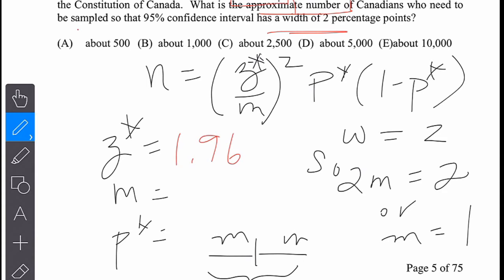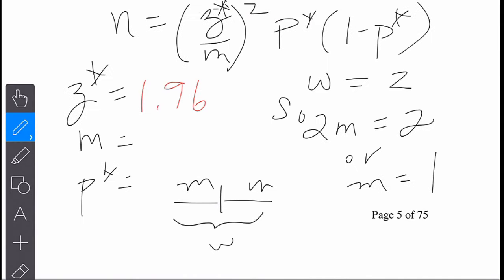This is all very dull right now, but it'll all be relevant when you start solving problems. So make sure you write this down. Width of 2 means 2 margins. So margin must be 1. And it tells you 1 percentage point. So 1% is 0.01, okay?